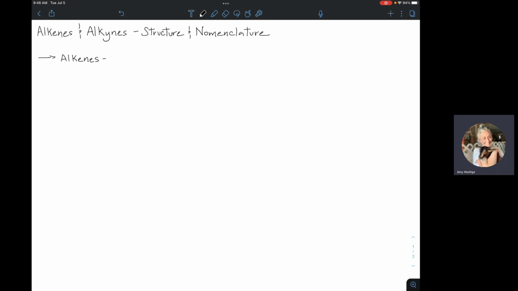So they're molecules made up just of carbon and hydrogen, and they have at least one double bond between two carbon atoms. So those carbons are sp2 hybridized.